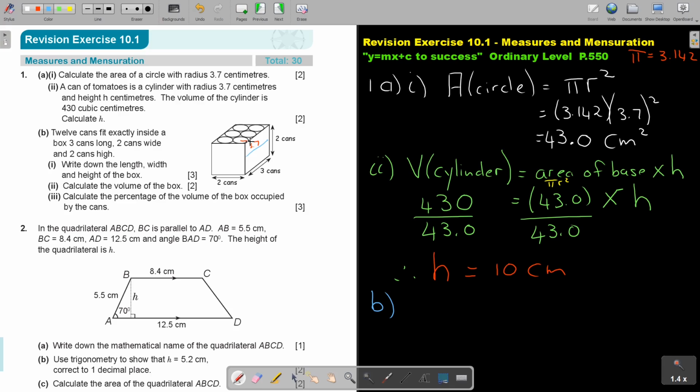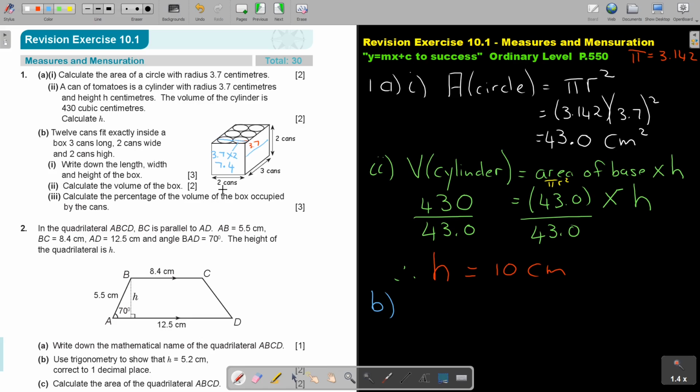That was 3.7, that was the radius, but I'm asking you, what is the diameter? The diameter will be 3.7 times 2. Do you agree? Because it's 2 radius. And that's 7.4.